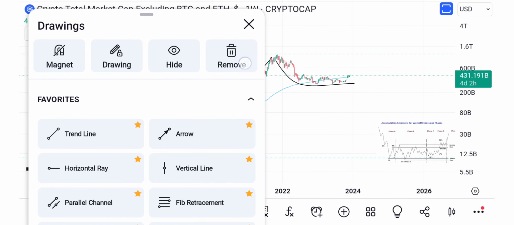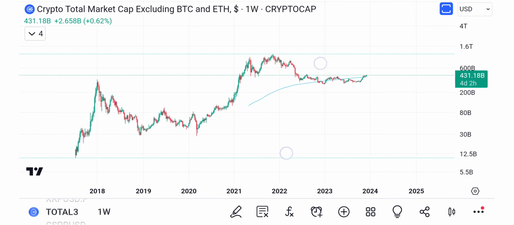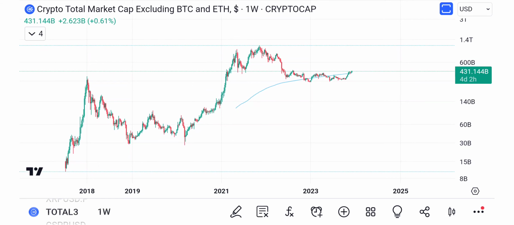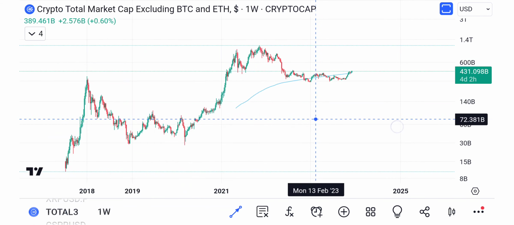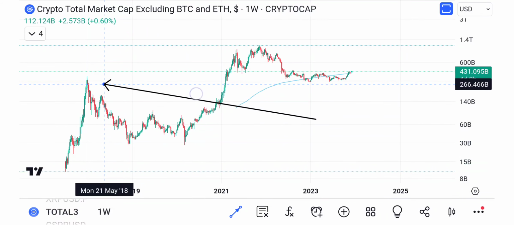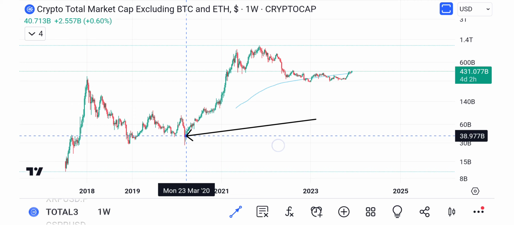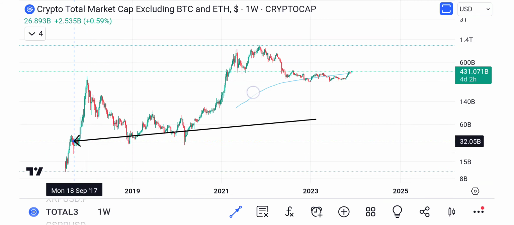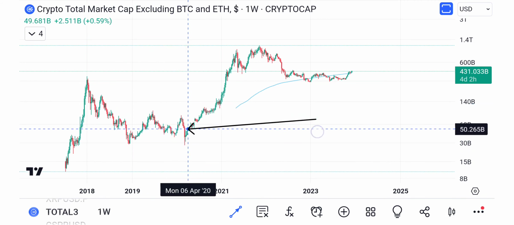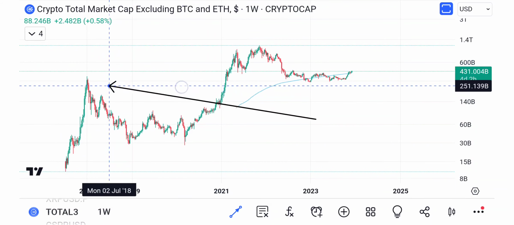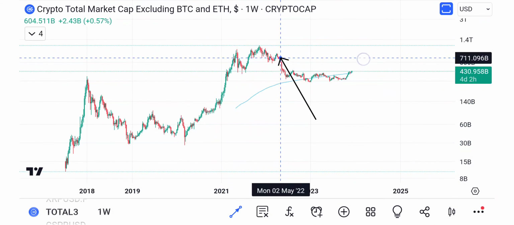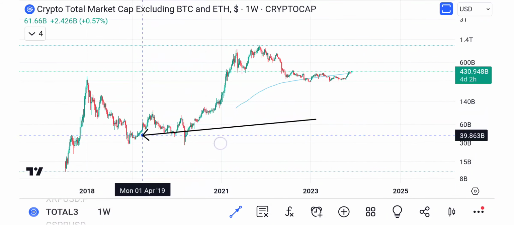So let's just try to compare, right? The previous cycle, which is this bull run, this bear market, and this reaccumulation. So you have a bull market, right? Same thing here. You have a bull market. Then you have a bear market.